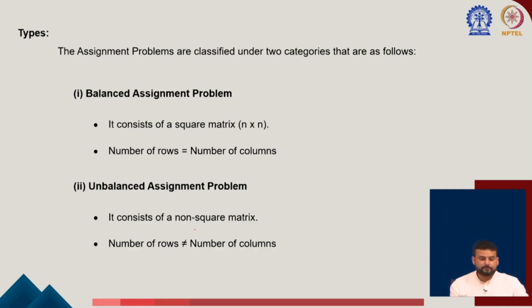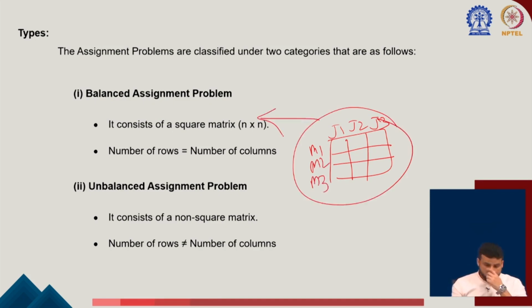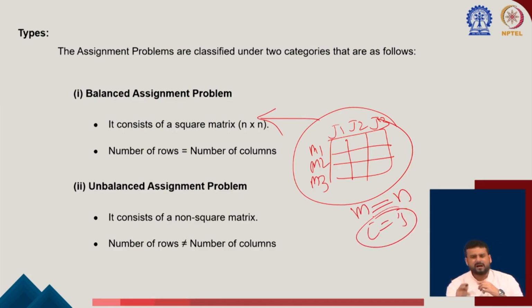Another important concept here is whether we are getting a balanced problem or not. If we have 3 machines and 3 jobs, that means it is a square matrix. So whenever we have a square matrix, this is a balanced problem. When m is not equal to n, that means the number of rows is not equal to the number of columns, this is known as an unbalanced problem.